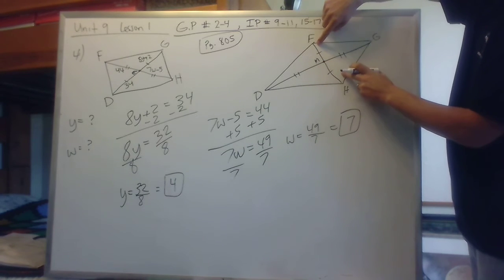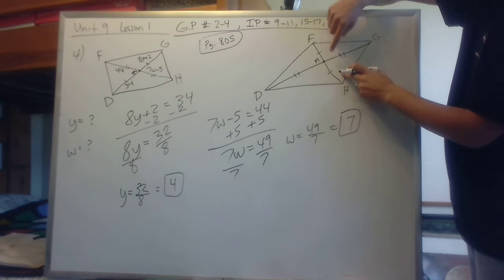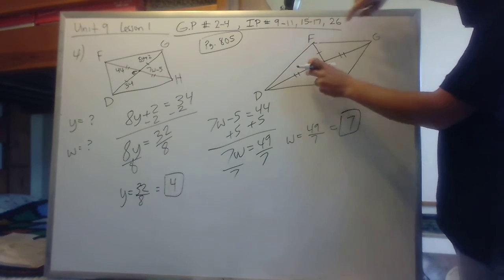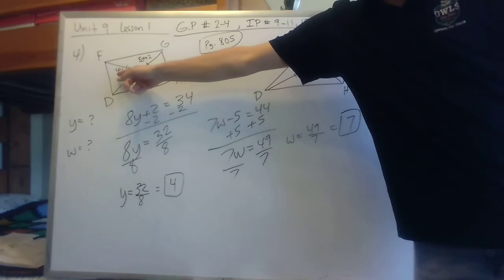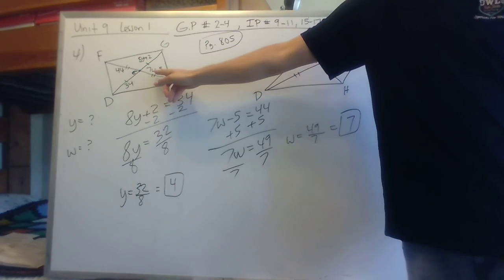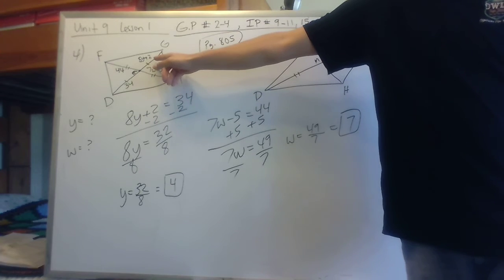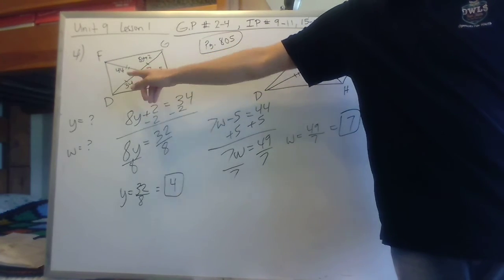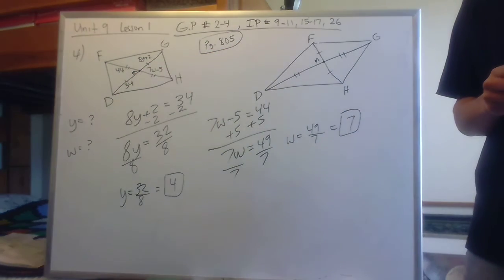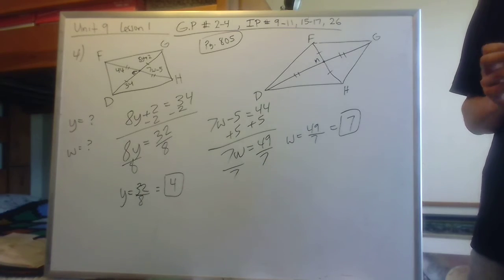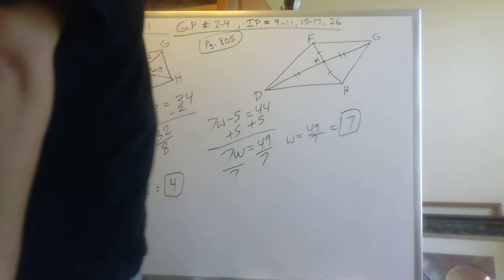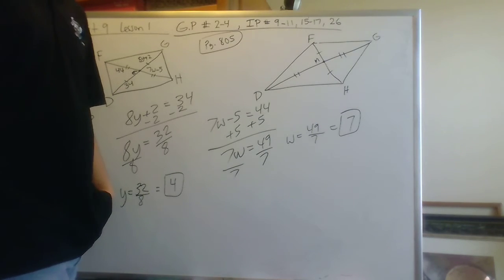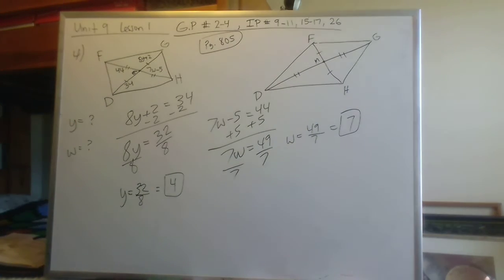So these two segments that go from the opposite angles will be congruent, and these two segments will be congruent. And that's where we set this 44 equal to 7w minus 5, and then 8y plus 2, I set it equal to 34. All right, so now we're going to start the independent practice, and we're going to do number 9 through 11, 15 through 17, and number 26. And that will conclude lesson 1.